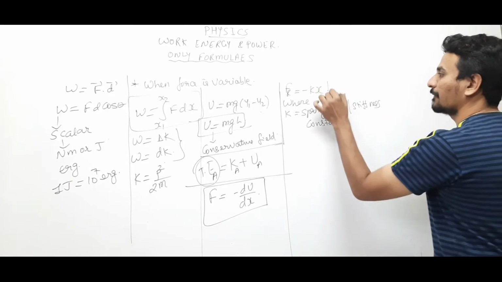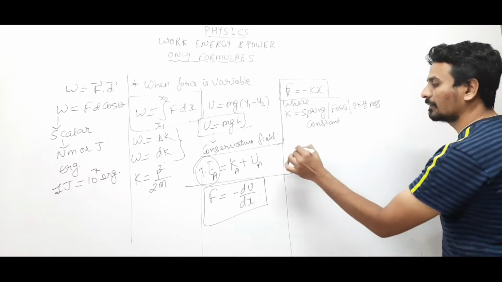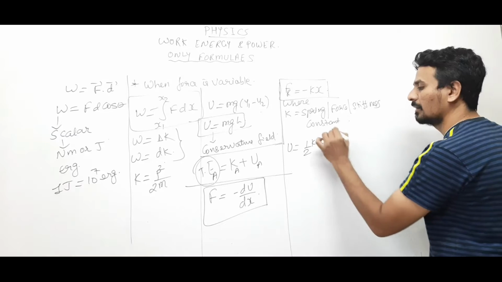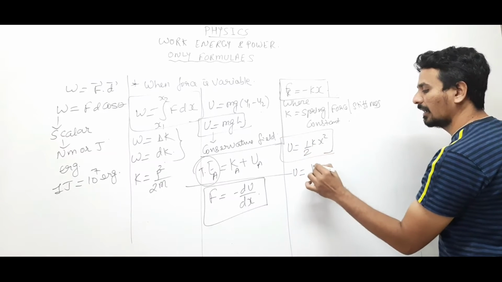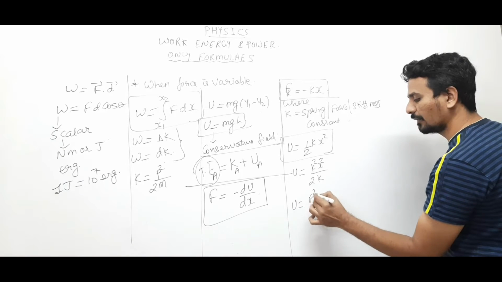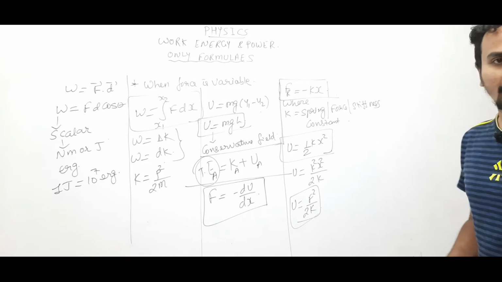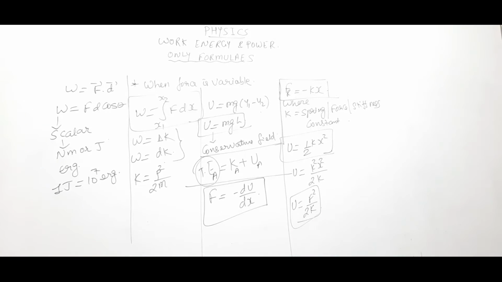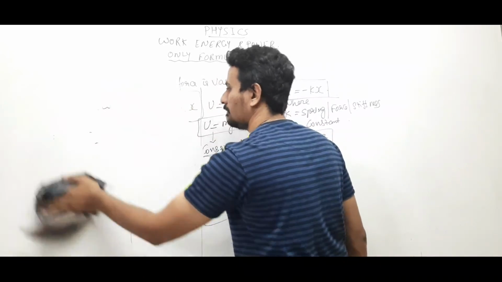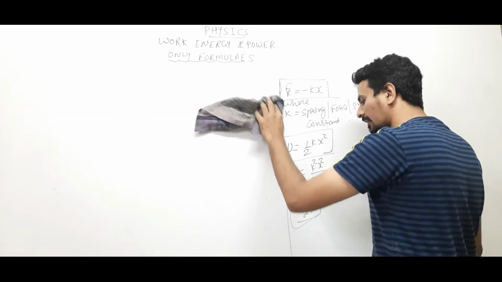According to Hooke's law, the restoring force is proportional to x. Then we had seen the elastic potential energy stored, which is half k x square. This can be written as F square by 2k, so U equals F square by 2k, right? Elastic potential energy is because of the elasticity of the body. Okay, so these were the formulas.